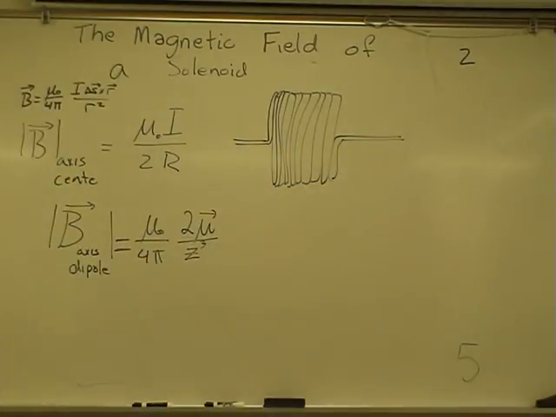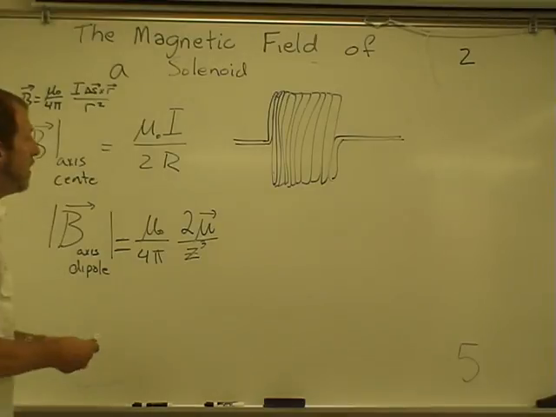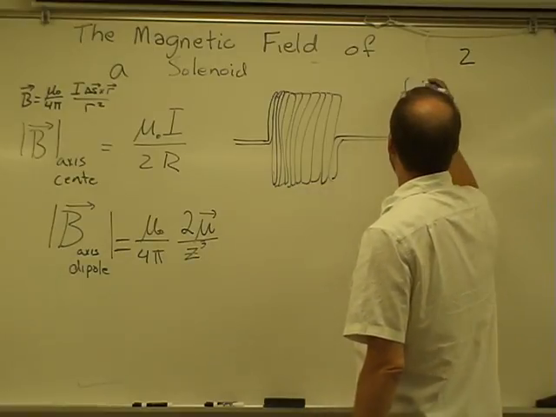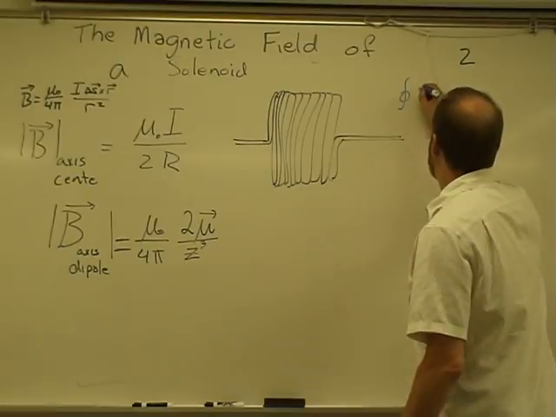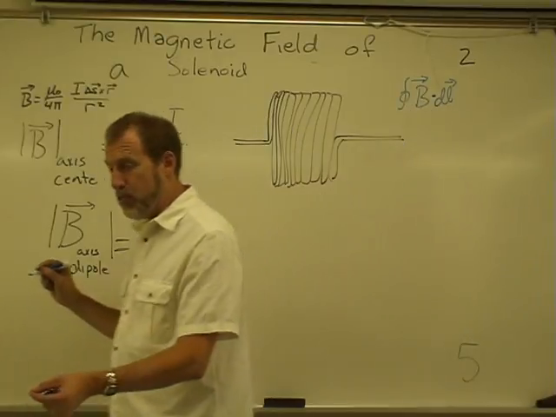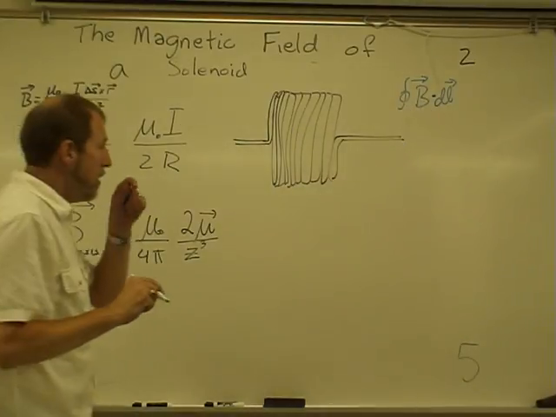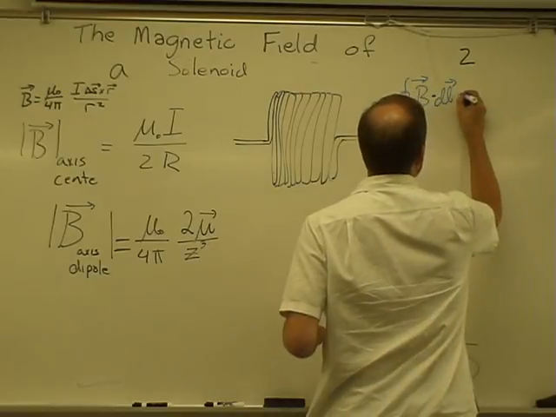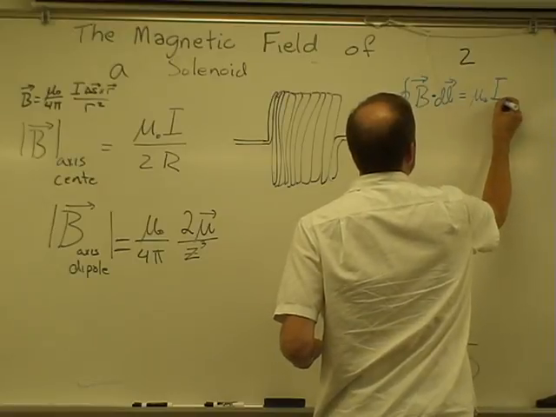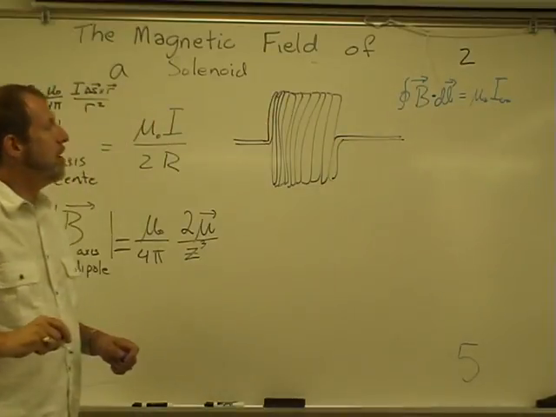Now, we have Ampere's law that tells us that if I follow a closed path, the integral of B dot dl, where dl is the differential part of that path and B is the magnetic field strength, around that closed path is equal to mu naught times the enclosed current.